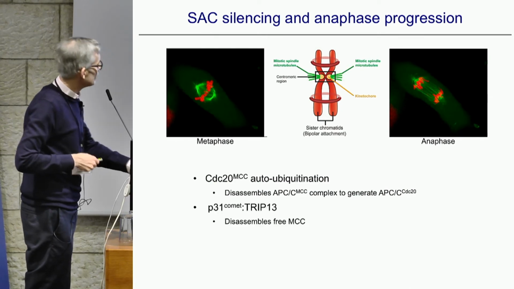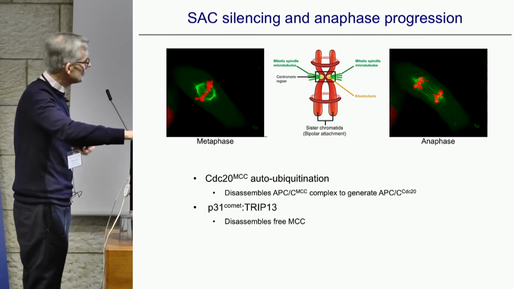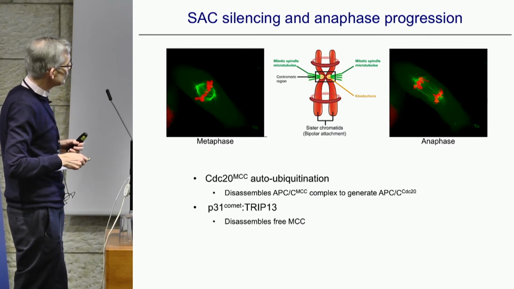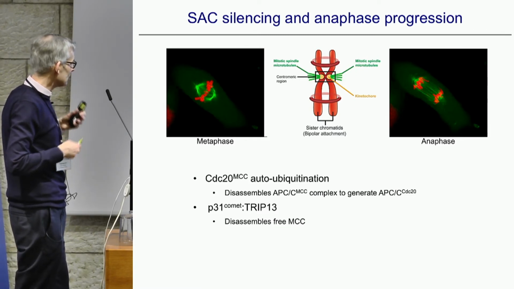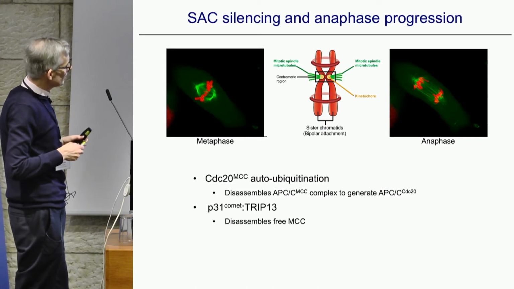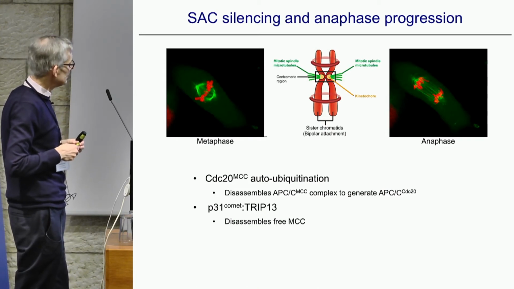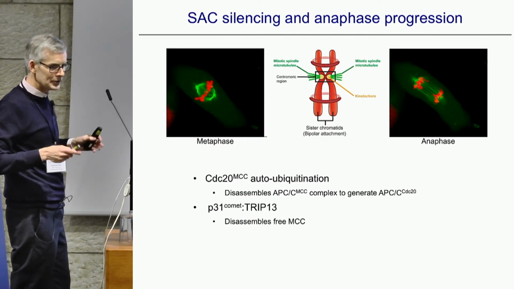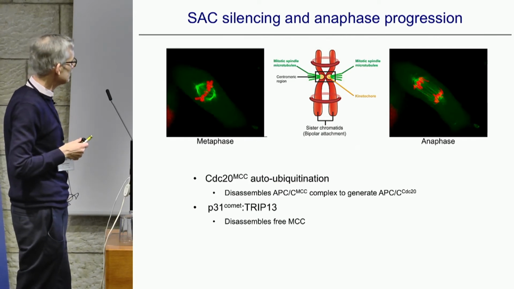But a second mechanism of SAC silencing is due to disassembly of the free MCC. And this is what Xiaodong Wang mentioned this morning, that this is mediated via an AAA plus ATPase called TRIP13, which is involved in the disassembly of the free MCC to generate open MAD2.